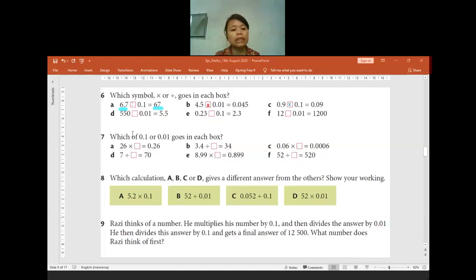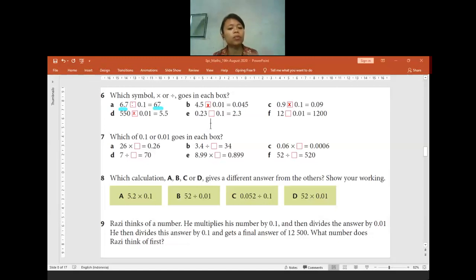Now for question D, do we have to do multiplication or division? Yes, we will do multiplication, because if there are more decimal places, it means the number has been multiplied by a decimal. Now for question E, will we use division or multiplication?